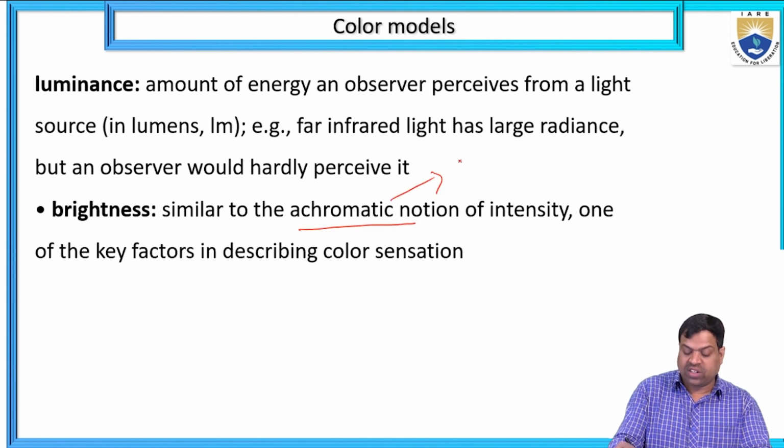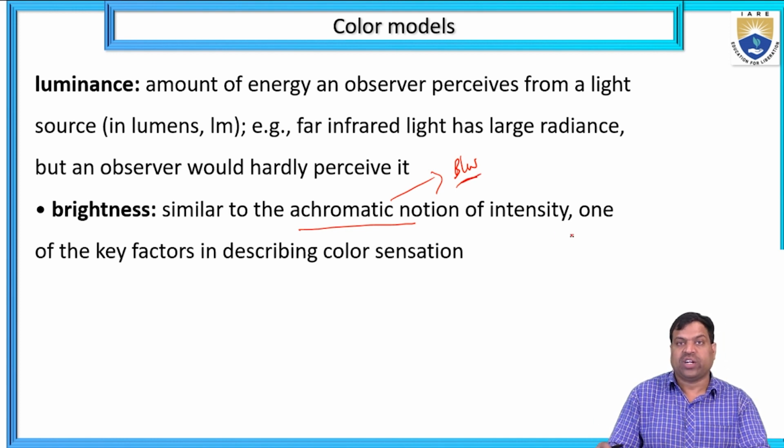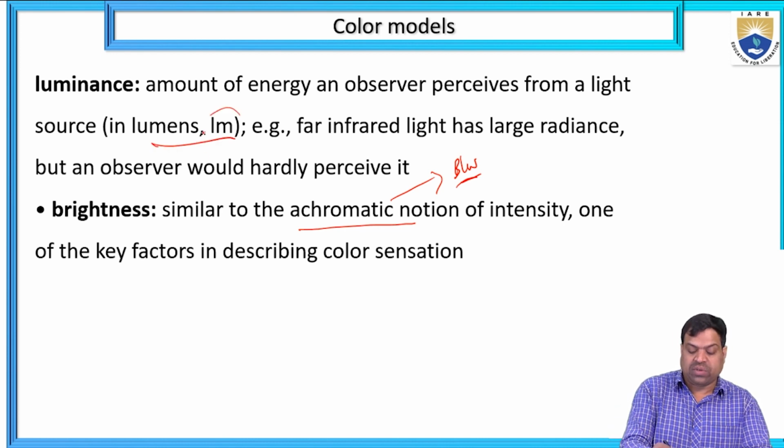Achromatic and chromatic: achromatic is black and white, and chromatic means 400 to 700 nanometers. Luminance is the amount of energy an observer perceives from a light source, measured in lumens, LM.